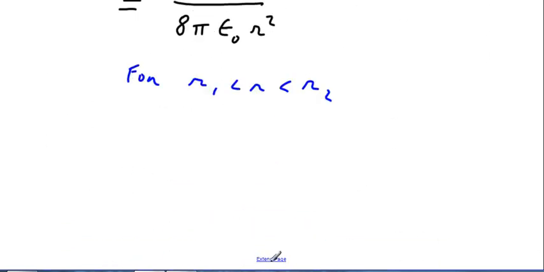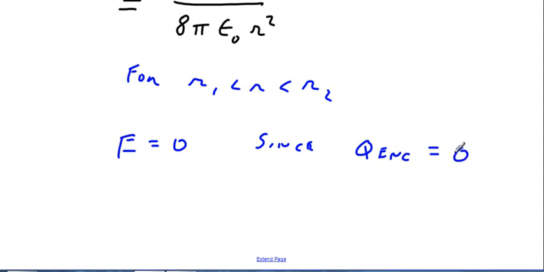Alright, I'm going to say that E is going to be 0, since Q enclosed is 0. Now, do I really think that's the case? I wonder. Yeah, probably.